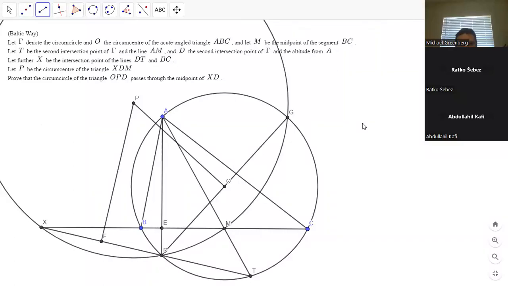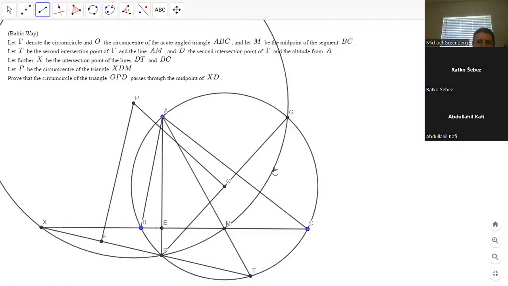we could let DG be a diameter. And then, wait, is this problem trivial? We would need to show, it's not that trivial, I don't think.